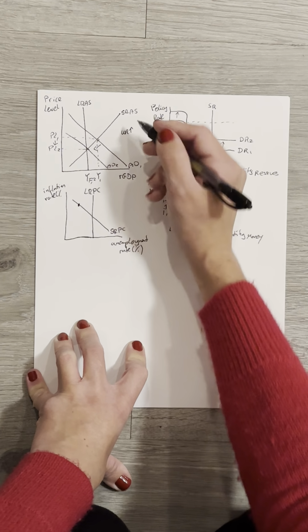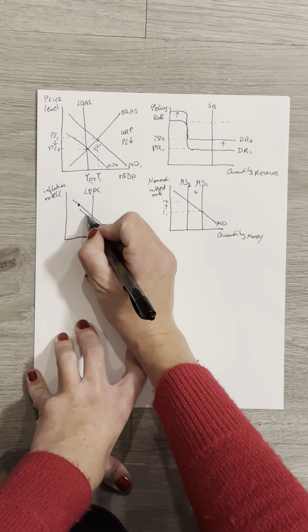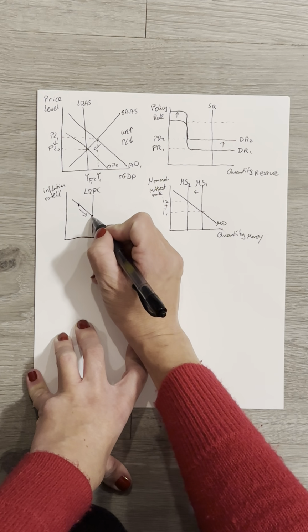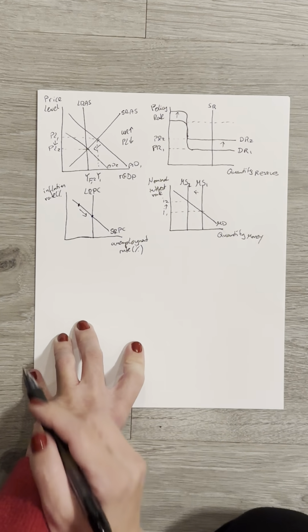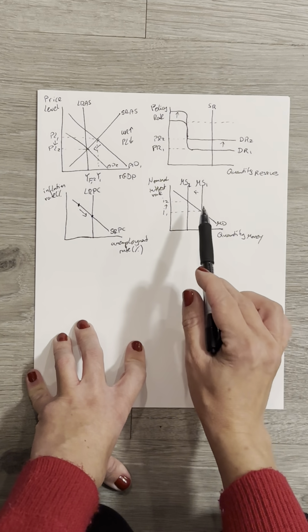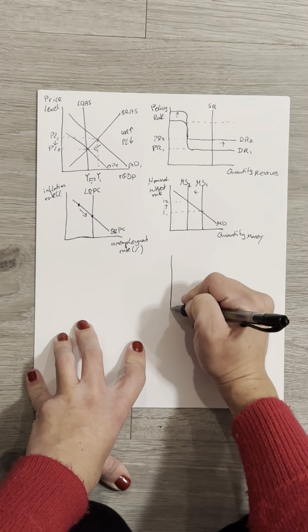And the price level goes down. How can we show that here? By moving the point. Because now we have more unemployment and lower price level.